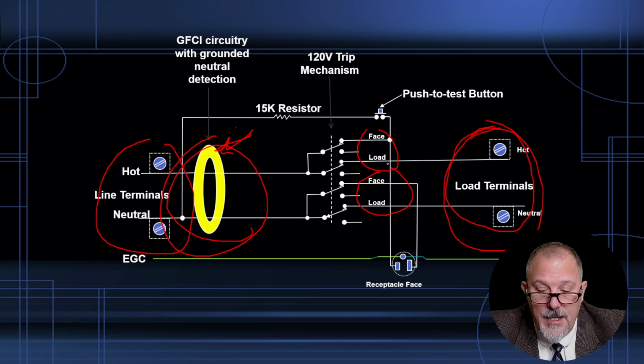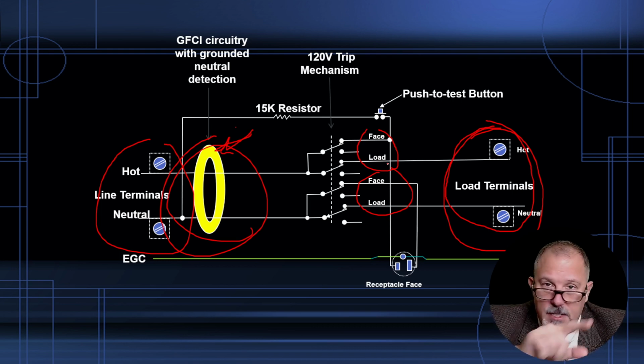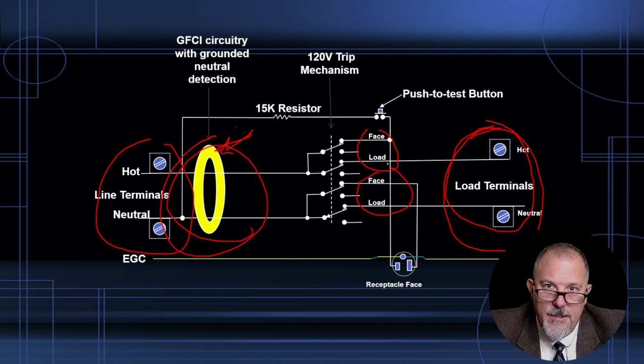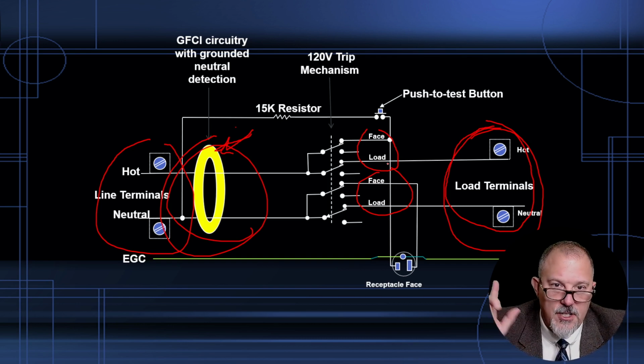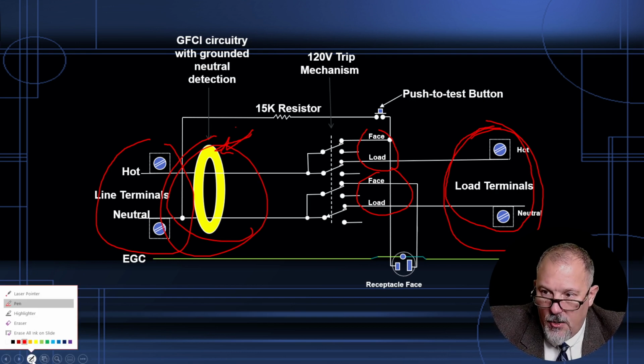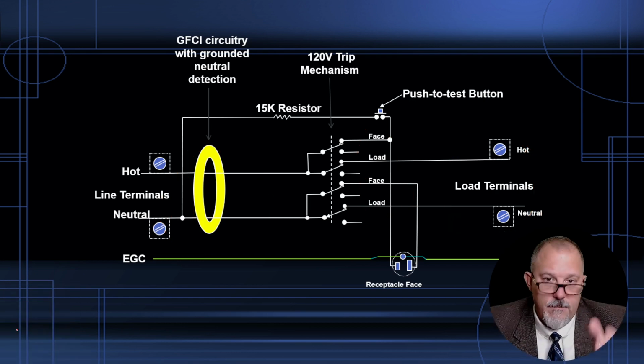I have seen applications where in a garage, every receptacle was a GFCI receptacle. Now it's very nice of you, but it's not necessary. As long as they are all fed from one GFCI, then all of those are provided protection. Why? Because of the way the construction is on this device. Make sense?